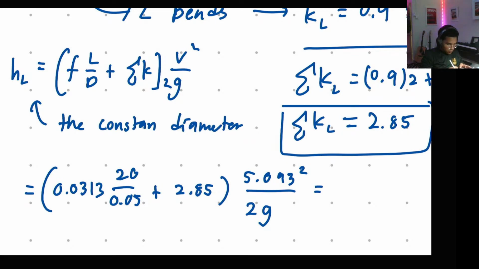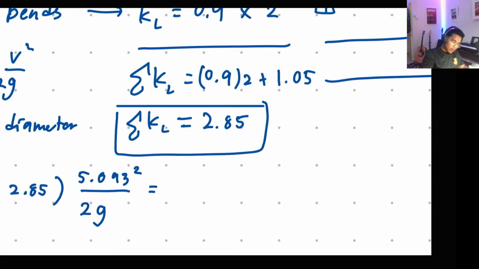0.0313 darab 20 over 0.05 tambah 2.45. So akan dapat 15.37.